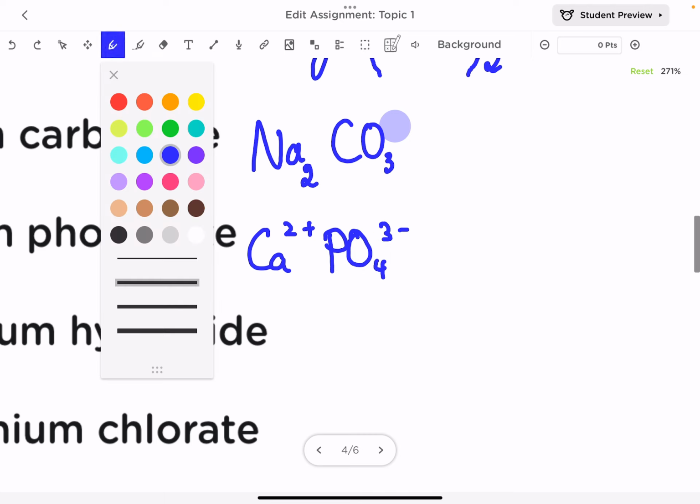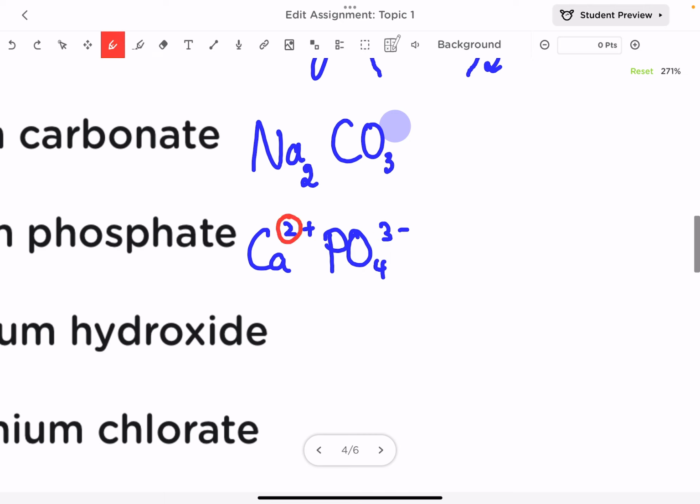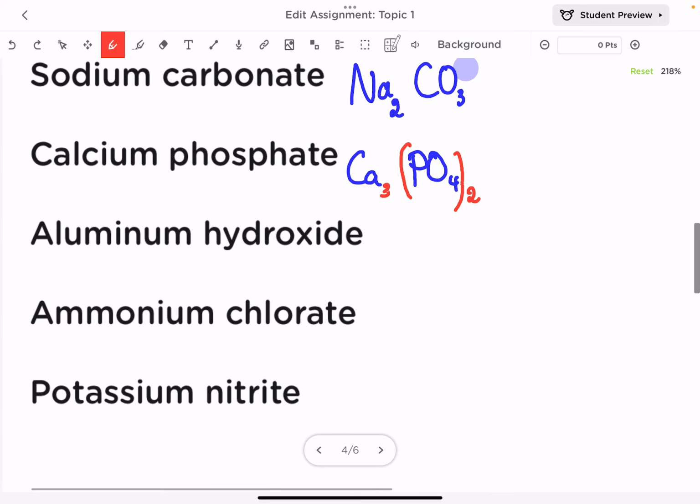All I need to do is take this number over here and write it down, and this number over here, write it next to the first one. In writing your final answer, you should never keep those numbers on top and you should erase the charges with them. So your final answer is Ca3(PO4)2. Now, in order not to read PO42, we put the PO4 in parentheses.